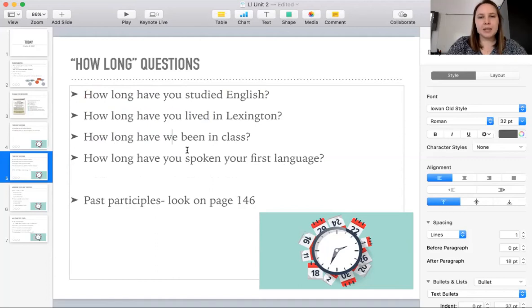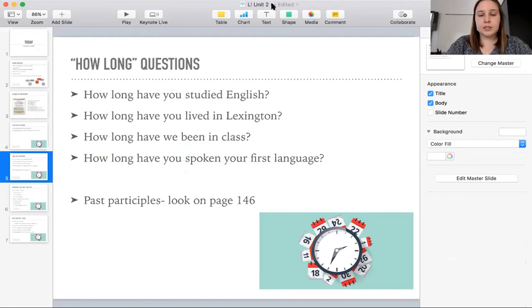How long have you spoken, an irregular verb, your first language? All of these follow the same pattern. How long, have and the subject, have you, have we, have they, has she, and the past participle. Studied English, lived in Lexington, been in class, spoken your first language.